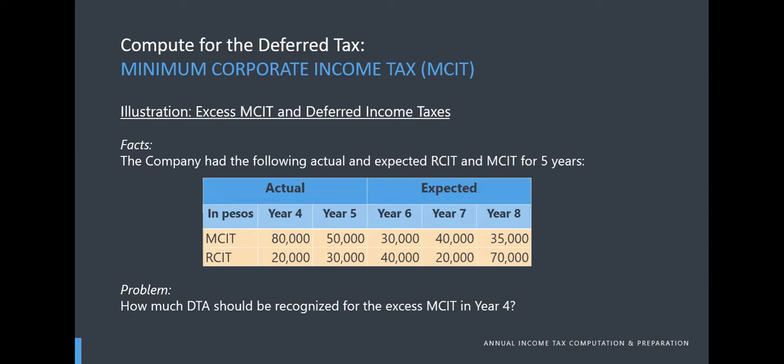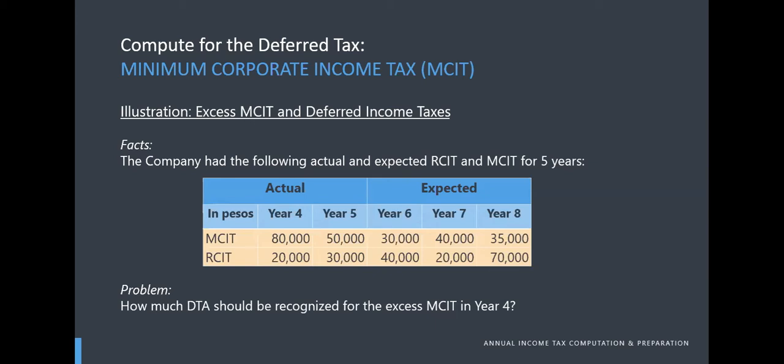So, how to compute for the excess MCIT and how to determine the deferred income tax. So, in our example, the company had the following actual and expected RCIT and MCIT for 5 years.